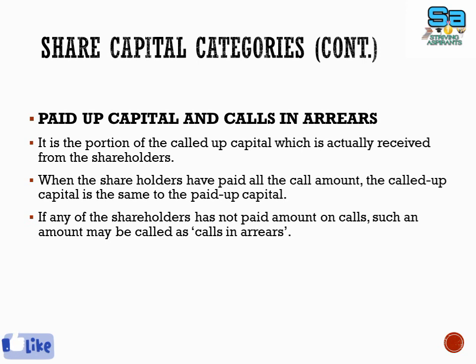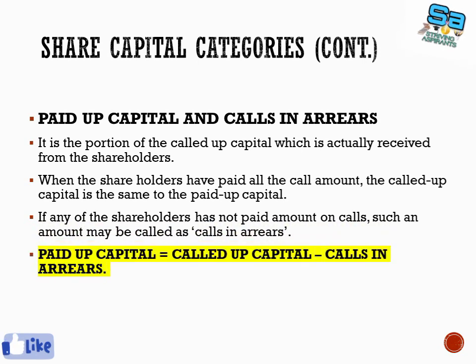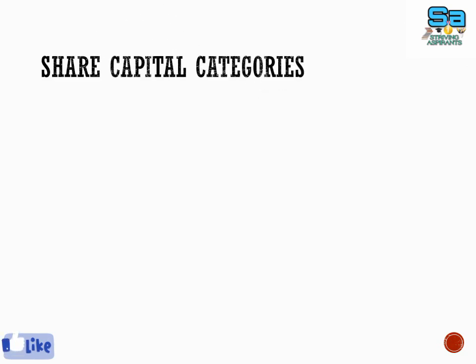And regarding calls in arrears, if any of the shareholders have not paid whenever the calls are made by the company, then such an amount is called calls in arrears. Generally, we can say paid up capital equals called up capital minus calls in arrears.